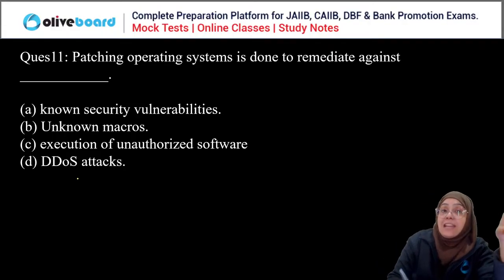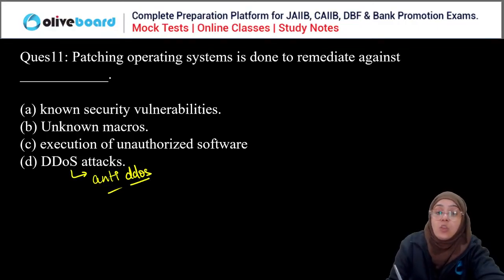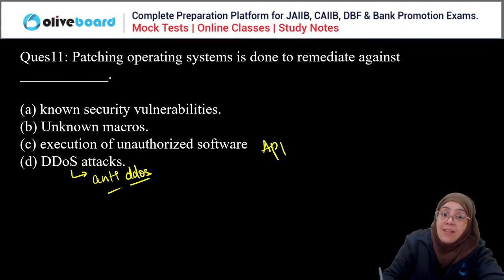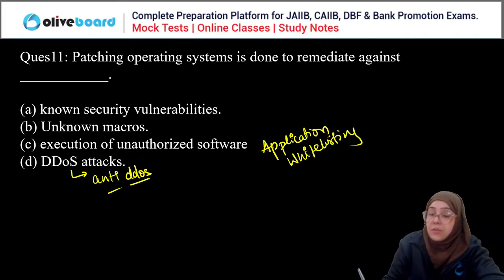Okay, so for DDoS attack, we have anti-DDoS software. For execution of unauthorized software, there is application whitelisting. Remember that screenshot which I gave you in the class, right?